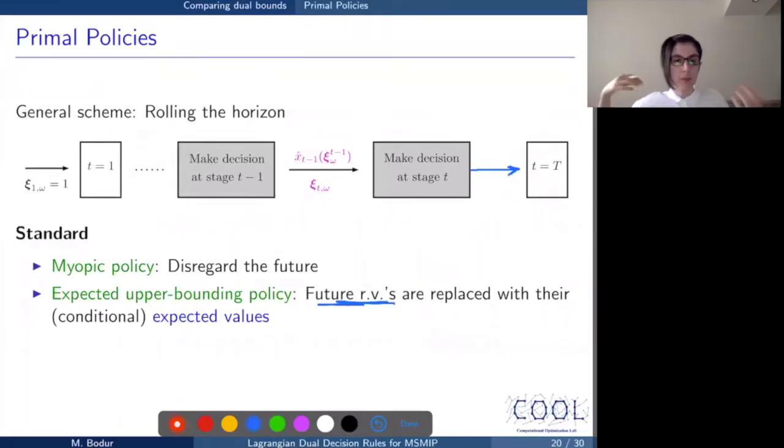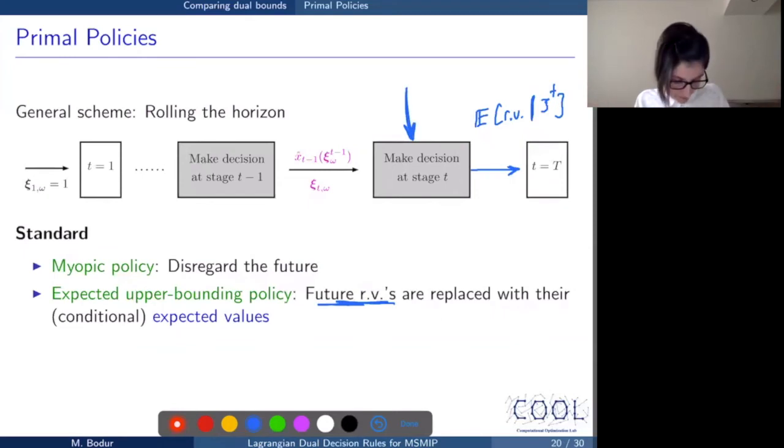And this scenario will be, in this specific heuristic, built by considering the expected value of my random variables, of course, conditioned on what I observed so far. So I'm at stage t, I observed a bunch of realizations, and using that, I will consider options towards the future, but in a simplified heuristic, you will only consider one so-called conditional expected scenario towards the future, so that in this box, you can be just solving a single stage problem rather than a two-stage, or even a multi-stage problem.